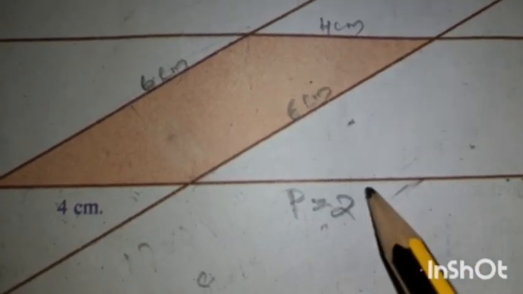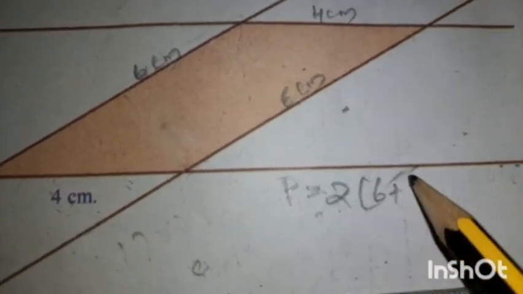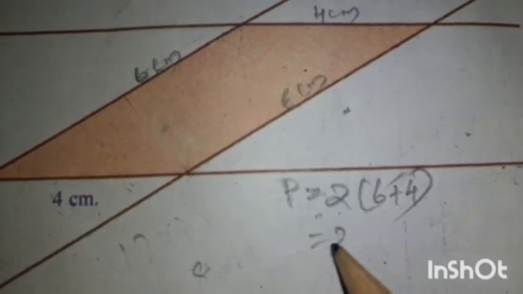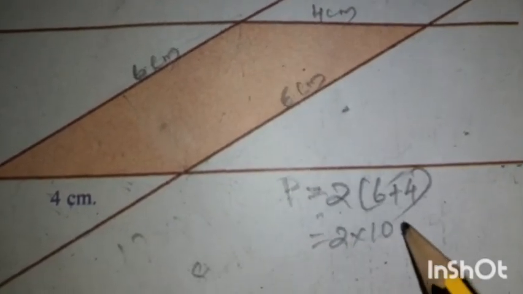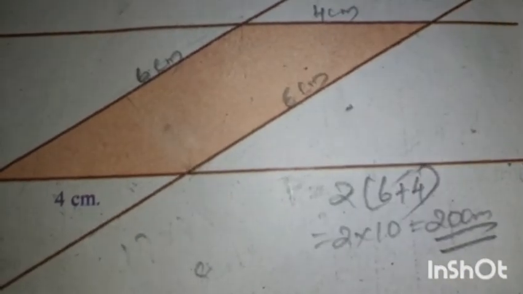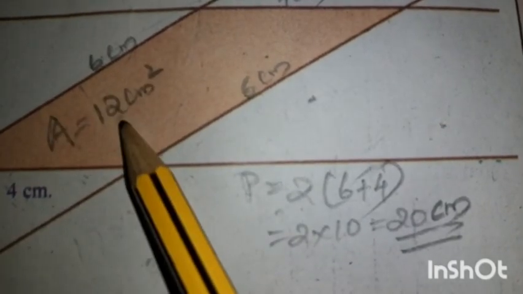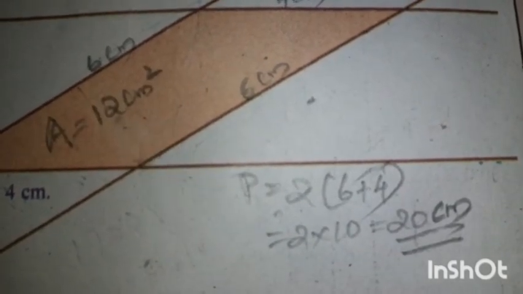Perimeter is 2 into (L plus B). One side is 6, the other side is 4. So 2 into (6 plus 4), which is 10. So you are getting the perimeter as 20 centimeter. So you got the perimeter 20 centimeter and area 12 centimeter square.